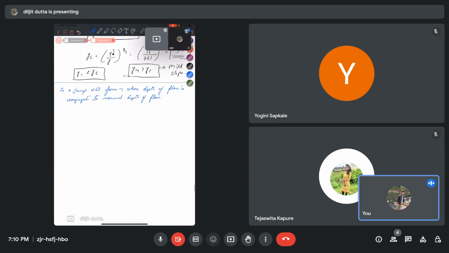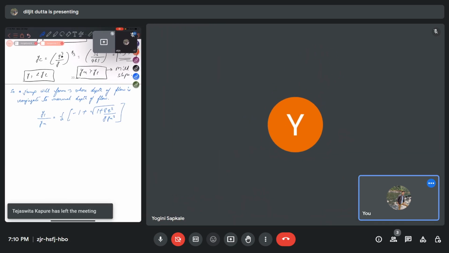We can find it by the formula for the ratio of sequent depths. The formula is y1 by yn equals half of minus 1 plus under root 1 plus 8 q square by g yn cube.